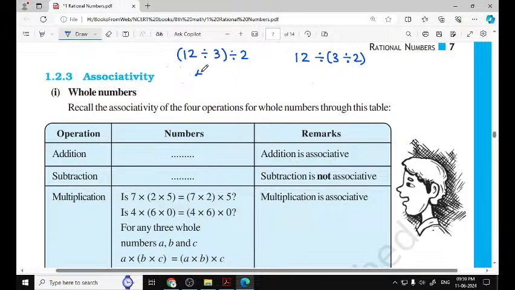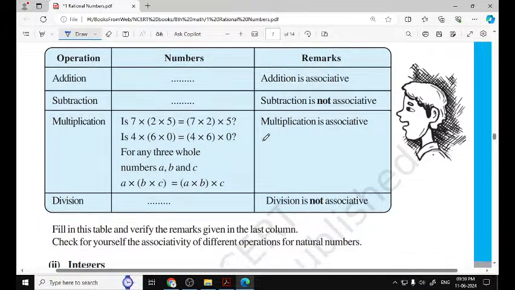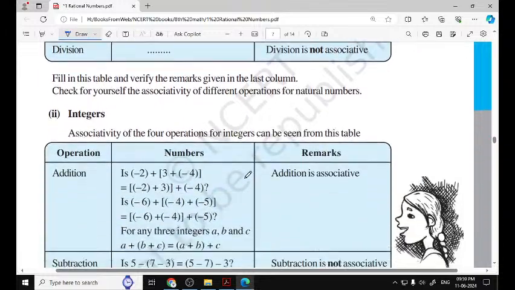This is 4 divided by 2, it's 2, and here 12 divided by 3 divided by 2 is 1.5, and the answer is not 2, it will be something different. If we want to find out, we can find it, and the answer is 8, which are not equal. Therefore division is not associative.